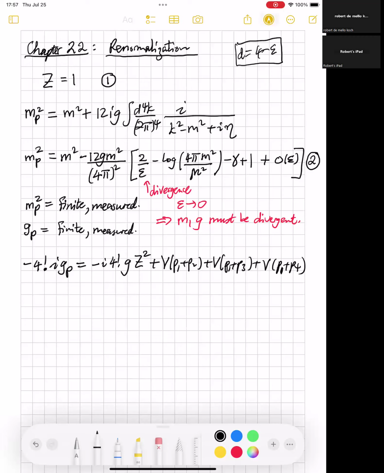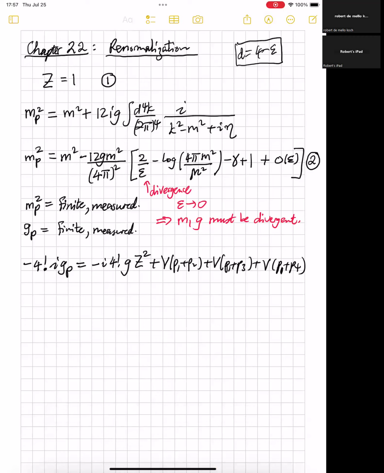we also had to evaluate this equation at a very specific momentum. So we wanted p1 plus p2 plus p3 plus p4 to vanish, okay? This was the condition of energy momentum conservation. We also wanted each of these, p_i squared, to be equal to the physical mass squared, so m_P squared.